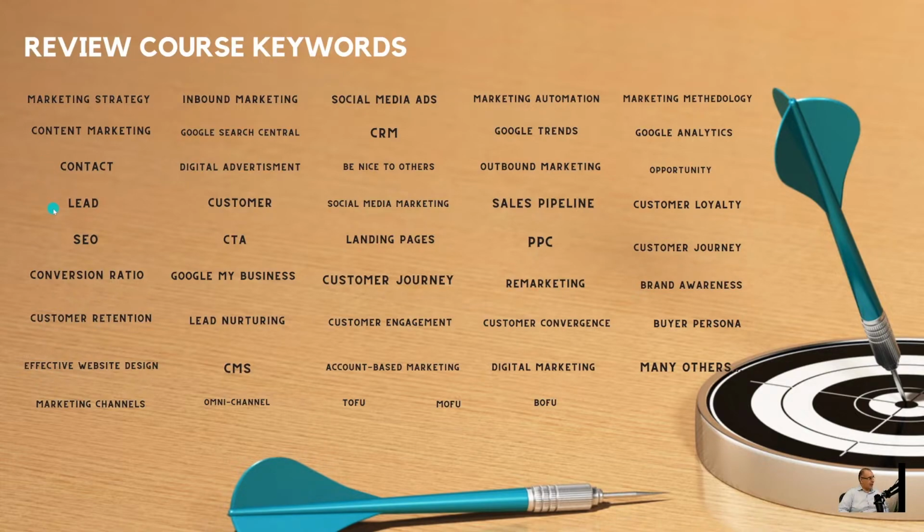What is a lead? A lead is a prospect who showed some level of interest. This is perhaps one of the most important keywords. It is someone who is likely to buy your product, but showed some level of interest. That level of interest can be what?